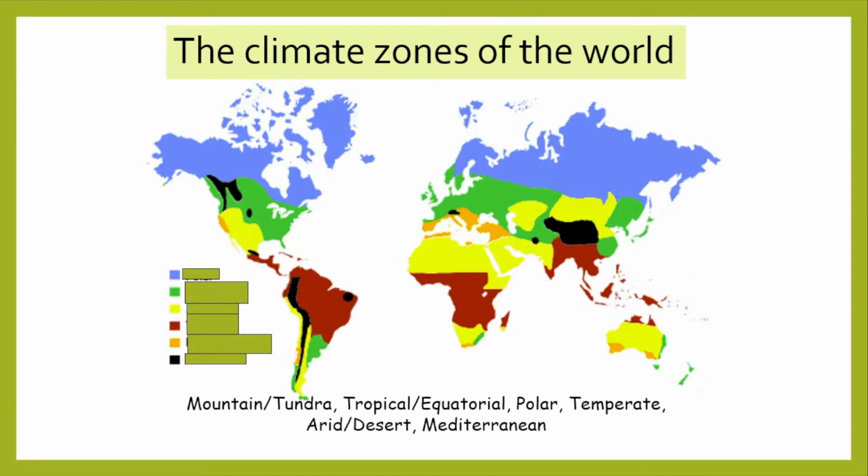Same applies to tropical/equatorial, because it's around the equator. Sometimes it's referred to as equatorial climate. So we've got mountain/tundra, tropical/equatorial, polar, temperate, arid/desert and Mediterranean. So you've got 1, 2, 3, 4, 5, 6 climate types there, 6 colours. See if you can match the climate type to the correct colour on the key.